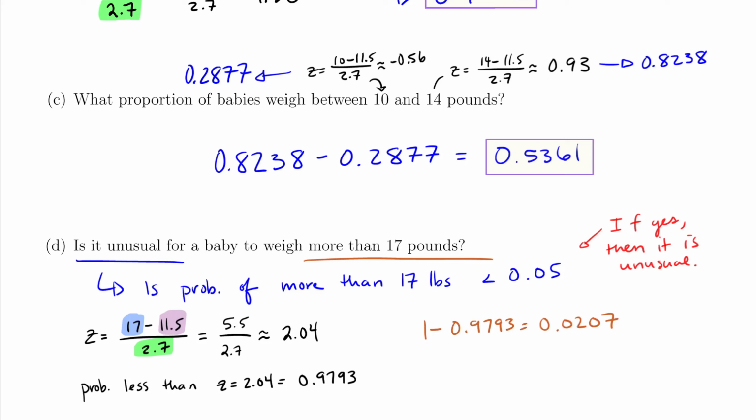And the likelihood that a baby would weigh more than 17 pounds is then found to be 0.0207. That is specifically less than the unusual cutoff of 0.05. So we would say, yes, it would be unusual if a baby at 2 months weighed more than 17 pounds.